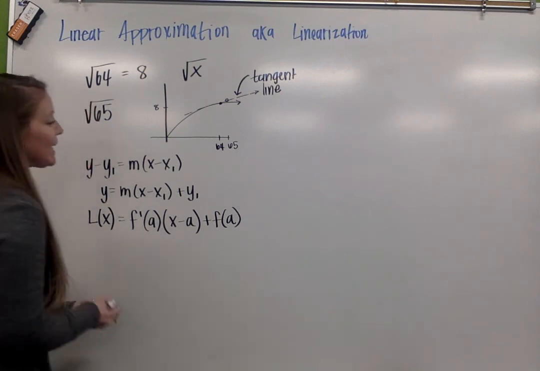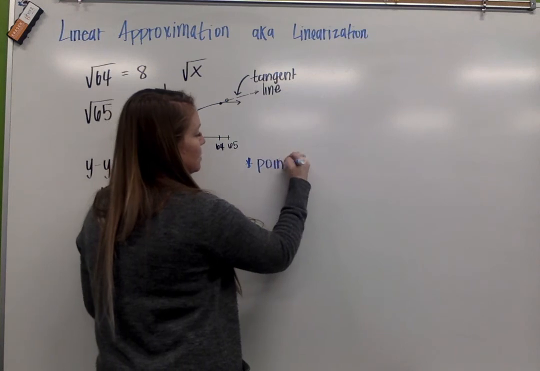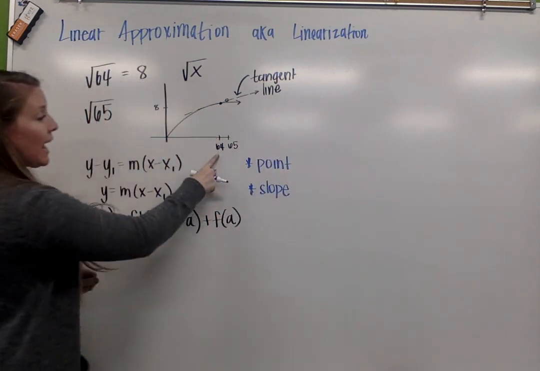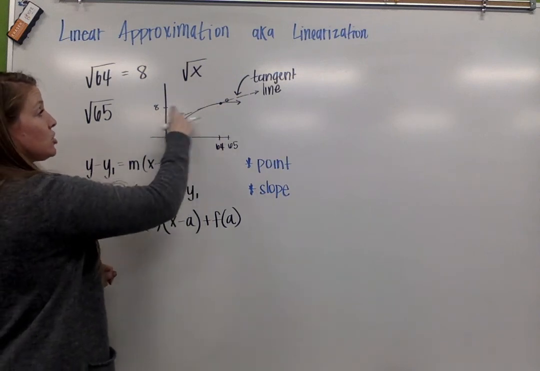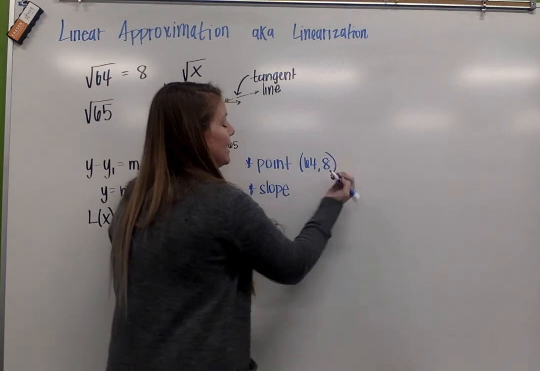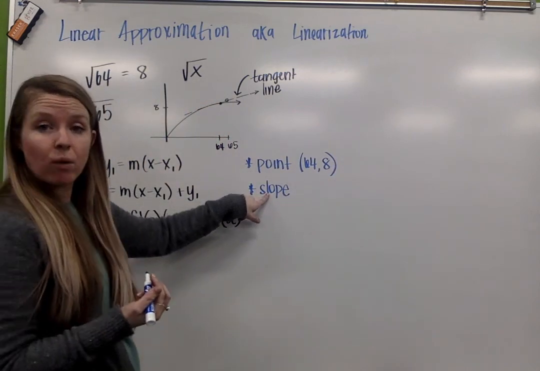Okay, so what I need to write the equation of my line is I need a point and I need a slope. Well, we already have the point we're basing our tangent line off of. x is 64 and y is 8. So I need to find the slope at that point.